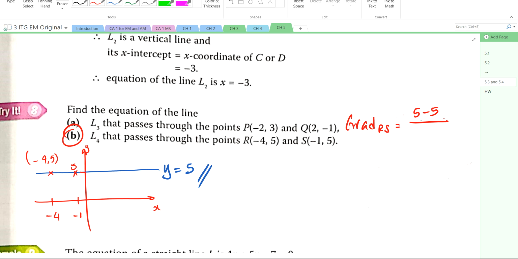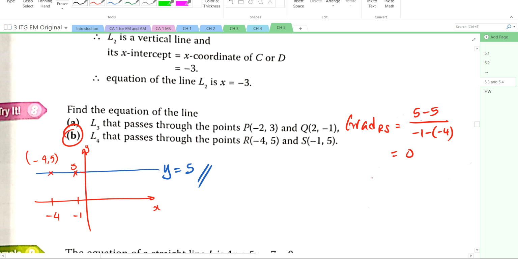Then you have a problem because it will be the same point. So (5 - 5)/(-1 - -4) is 0. So I know in my mind it is a horizontal line. If I already know it's a horizontal line, then I can straight write down that y = 5 already.